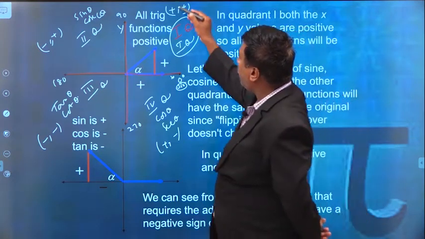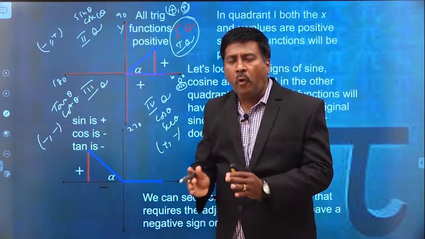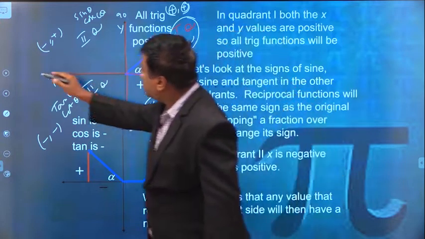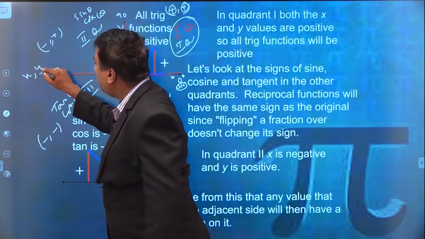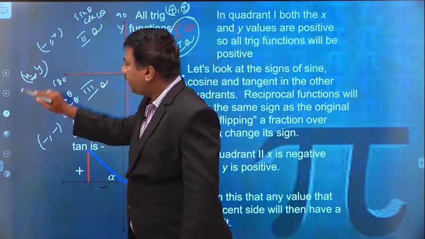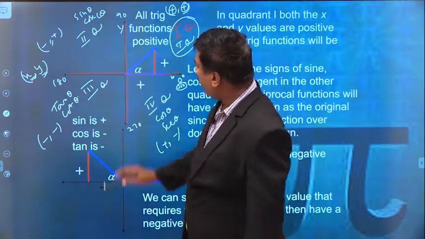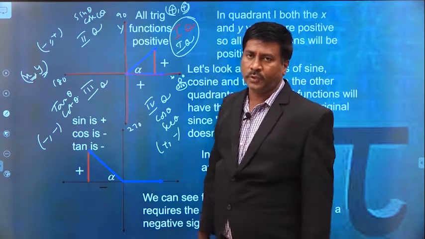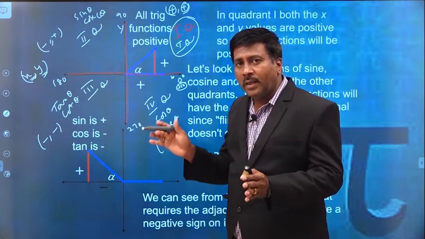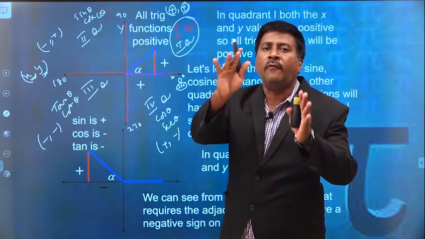These are the values of the x coordinate and y coordinate, because every point is represented as an ordered pair, x comma y. Here, the first one represents the x value and the second one represents the y value. Therefore, in the first quadrant, both are positive. That means, as we said previously, the values of the trigonometric ratios mostly depend upon the values of x and y.